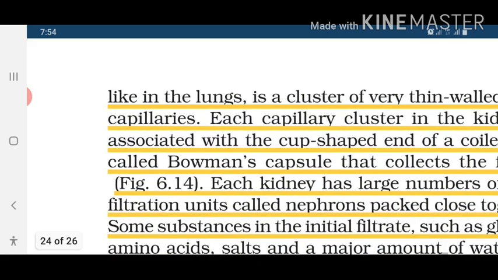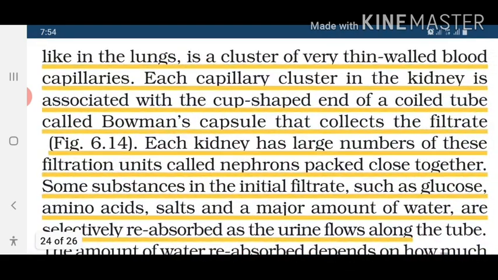Nephron also consists of a cluster of very thin-walled blood capillaries, and each capillary cluster in kidney is associated with a cup-shaped end that is known as Bowman's capsule, which collects the filtrate. And in kidney there are a number of nephrons packed close together.